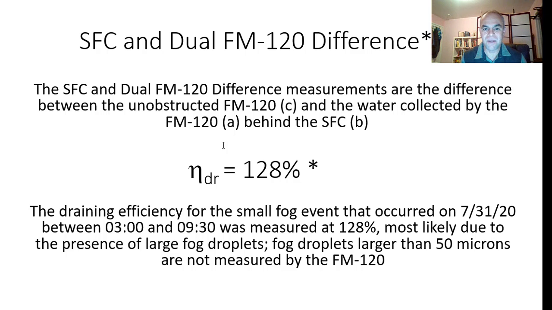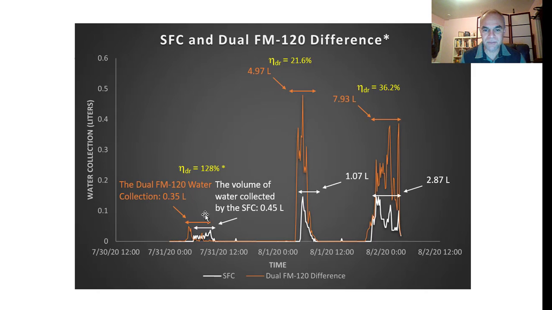And then this describes why we're getting an efficiency so large, 128%. That doesn't make sense, because you can't have anything greater than 100% if it's truly an efficiency. The reason is that we believe the FM-120 is not measuring larger droplets of water that the fog collector is collecting. So we're actually getting more water here, theoretically, according to this measurement, than was even present in the air, which is impossible.